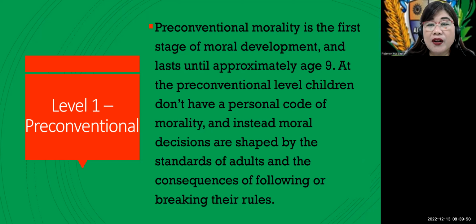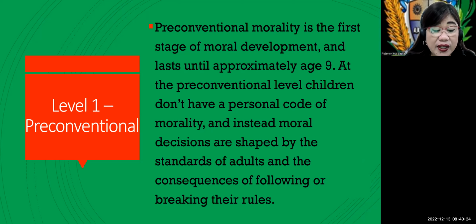At the preconventional level, children don't have a personal code of morality, and instead, moral decisions are shaped by the standards of adults and the consequences of following or breaking the rules. For example, if an action leads to punishment, it must be bad. And if it leads to a reward, children think that their actions were good.